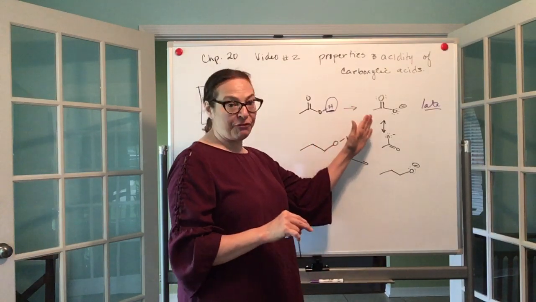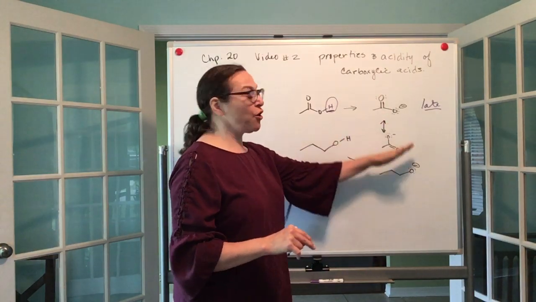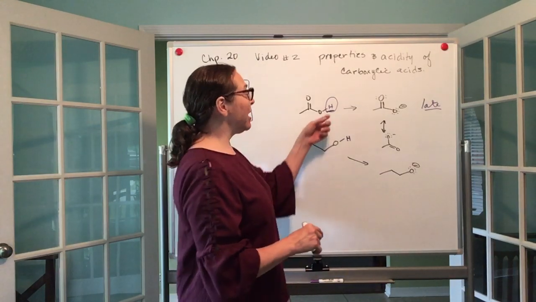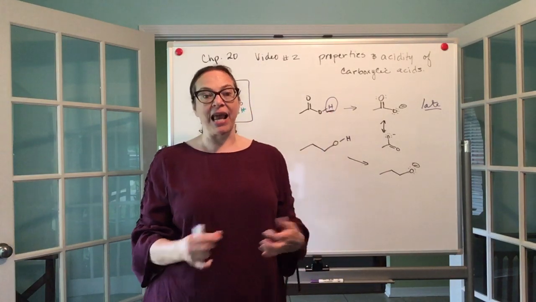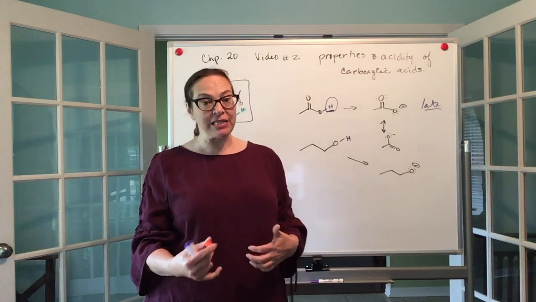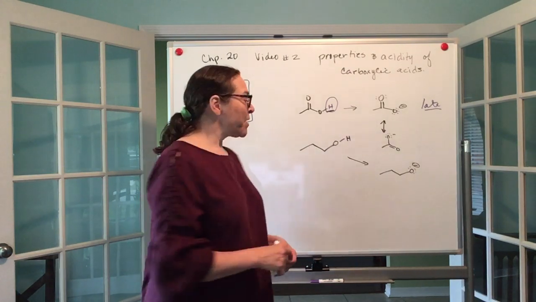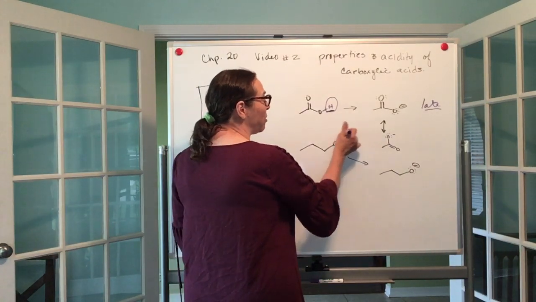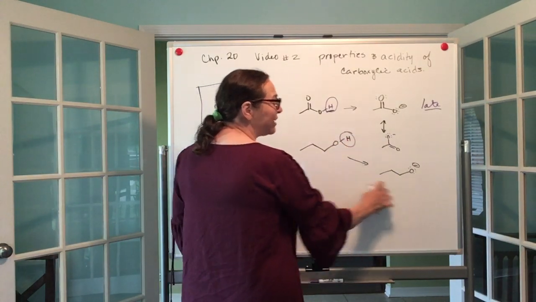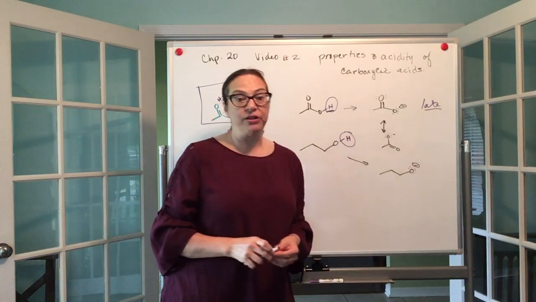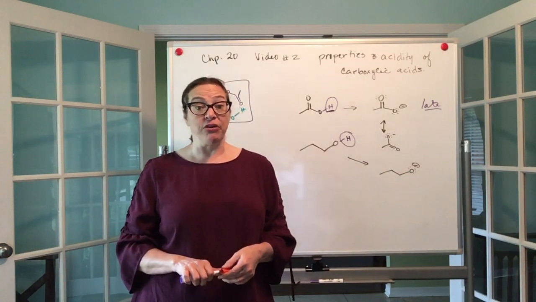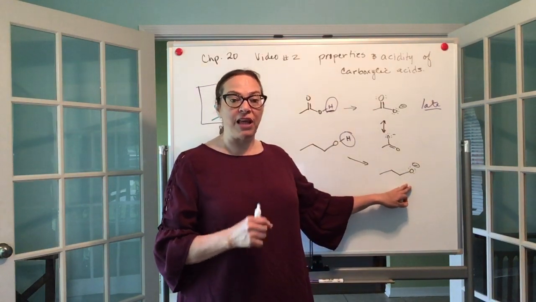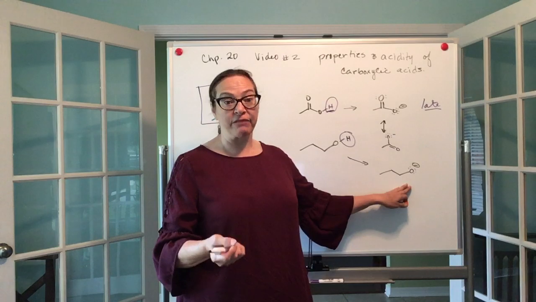It's really only half of a negative charge, separating that charge between two different atoms, both of which are very electronegative, meaning that this hydrogen is very acidic and can be pulled off fairly easily by even a mild base. If we compare that to something like ethanol, we know that we can remove the proton on ethanol, but that's going to give us an oxygen with a negative charge. Even though oxygen is very electronegative, and this is much more stable than other things, it still requires a lot of energy to have an oxygen with a negative charge.